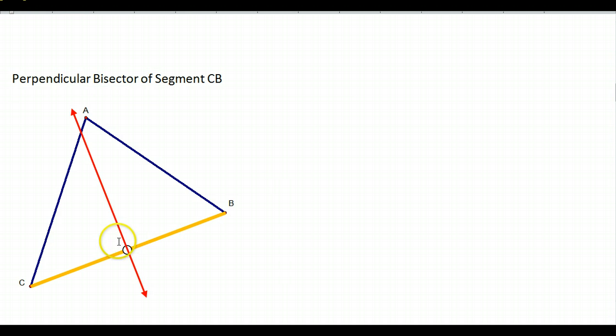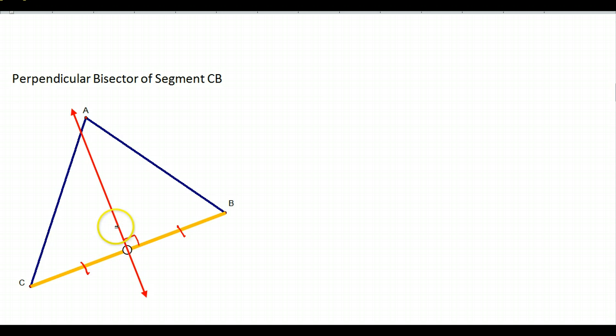I think that I have just made something very close to the perpendicular bisector of CB. If it is perpendicular, like I wanted it to be, then it will make a 90-degree angle like that. If it is a bisector, then this side will equal this side because it should be cutting it in half. That's what a perpendicular bisector is.